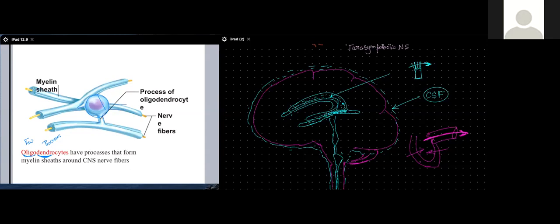That's why we call this my oligodendrocytes. Cells with few processes, oligodendrocytes. They are located in the CNS, and their main function is to surround the nerve fibers with myelin sheath.